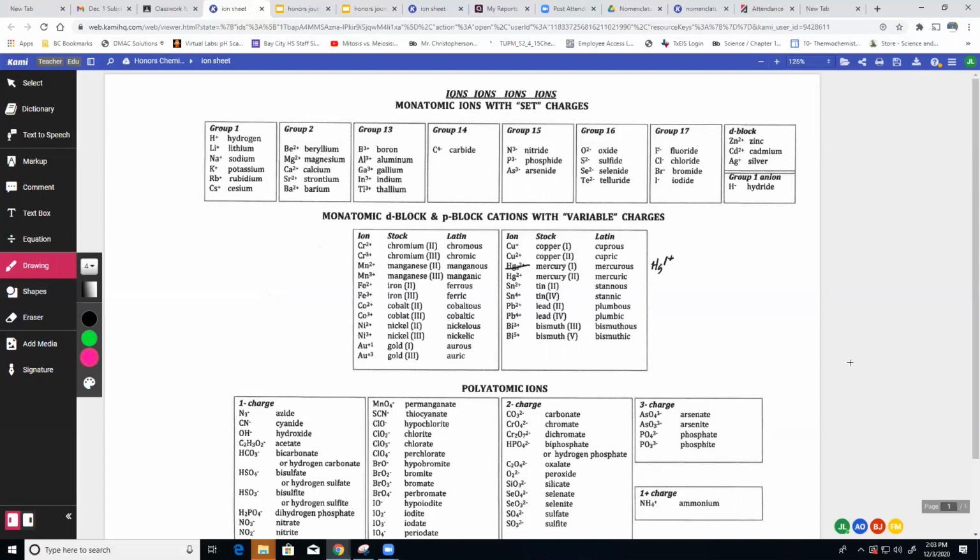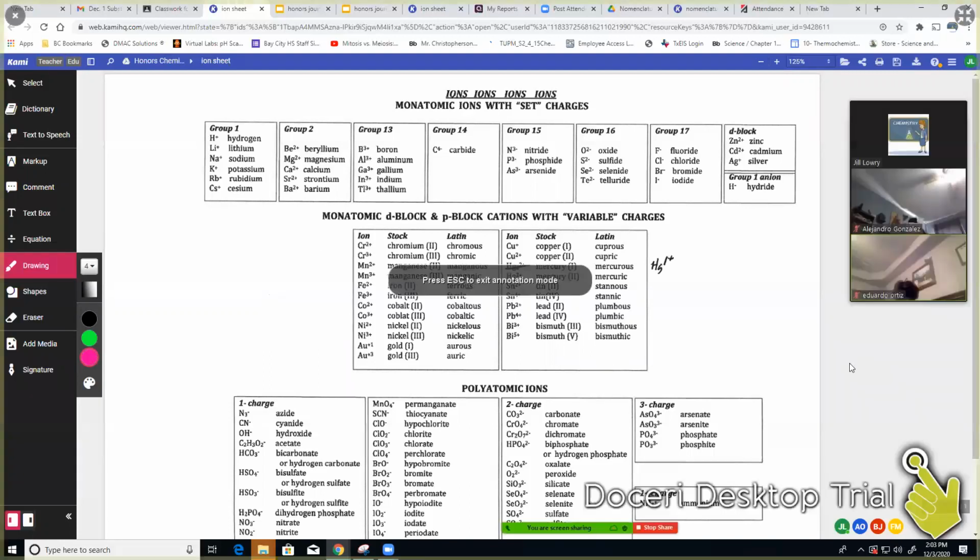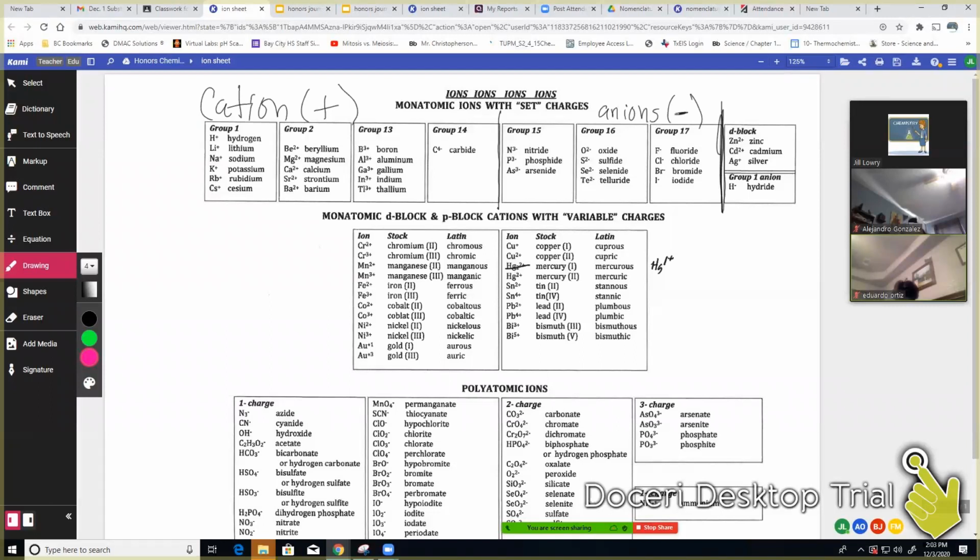If you notice over here, if you kind of break them in the middle, these are my cations, which would be my positive ions. Then from here are my anions, or my negative ions.